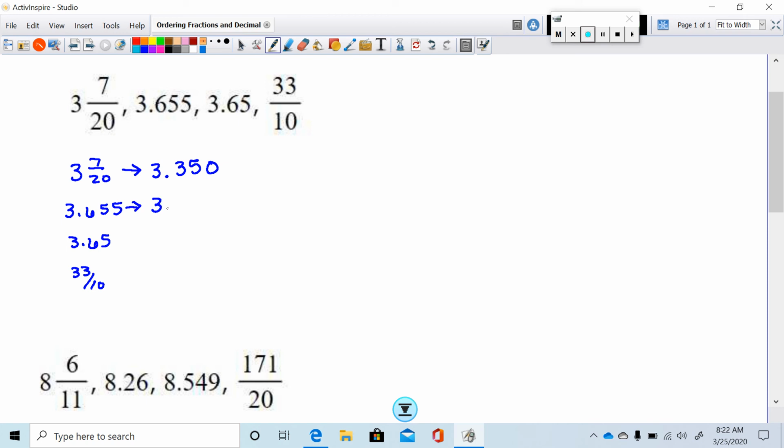This one's already got 3 decimal places. This one is missing a number, so I'm going to put a 0. And this one you have to divide it. 3 3/10, 3 divided by 10 is 0.3, but you have to have a 0 in the end.